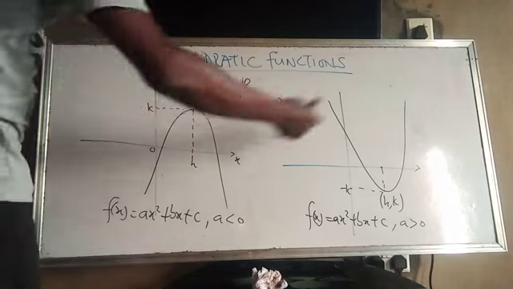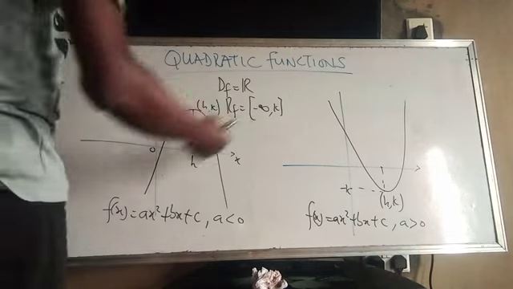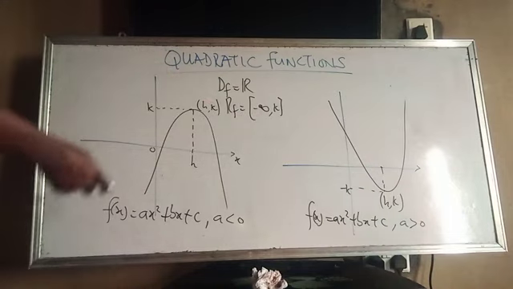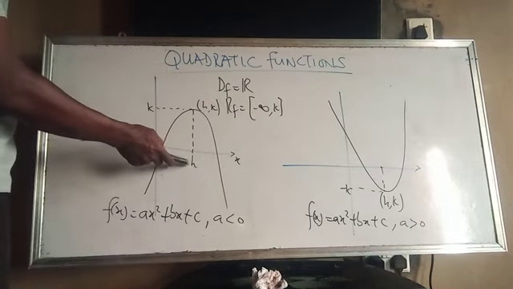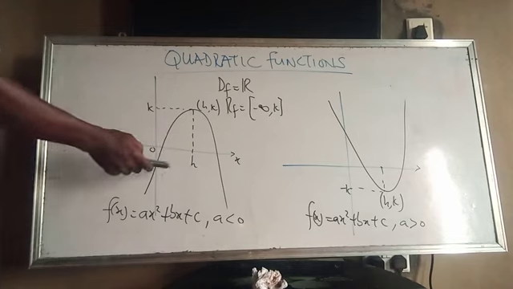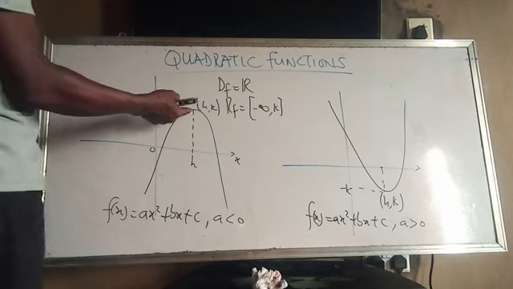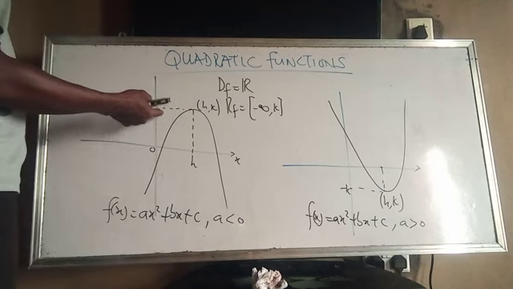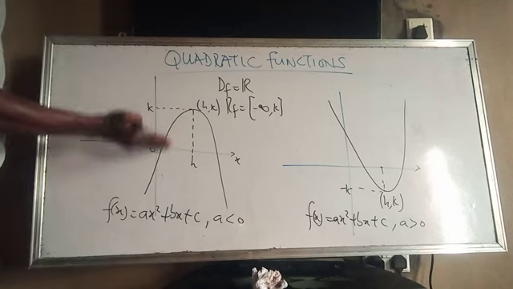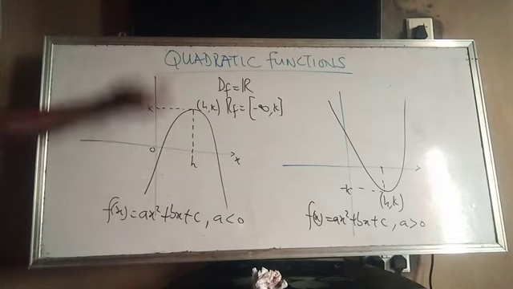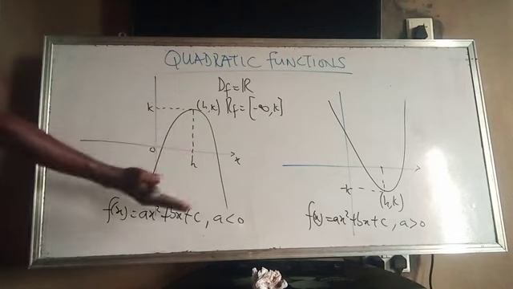Looking at the function, you can see that on the x-axis, at this point we have h for x. Are you following now? And at this point here we have k. Now this point is the maximum point for all y's. That means there are several values of y that we cannot list here.